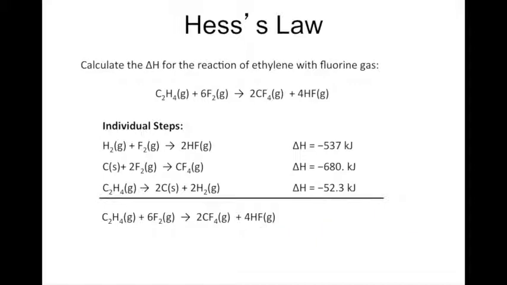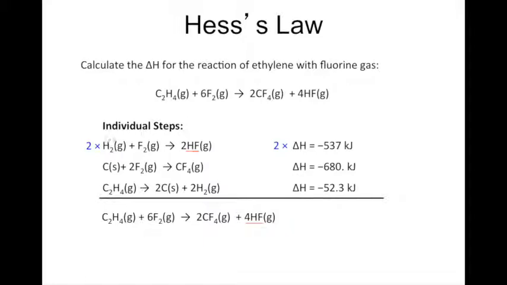Well, after we've done that, if we look up here at this first reaction, it doesn't matter what order you do this in. This first reaction, I can see that I've got H2, F2, and 2HF. Now this 2HF, I need HF on the product side, and this is the only reaction that has HF, hydrogen fluoride. But I need 4 moles of that.